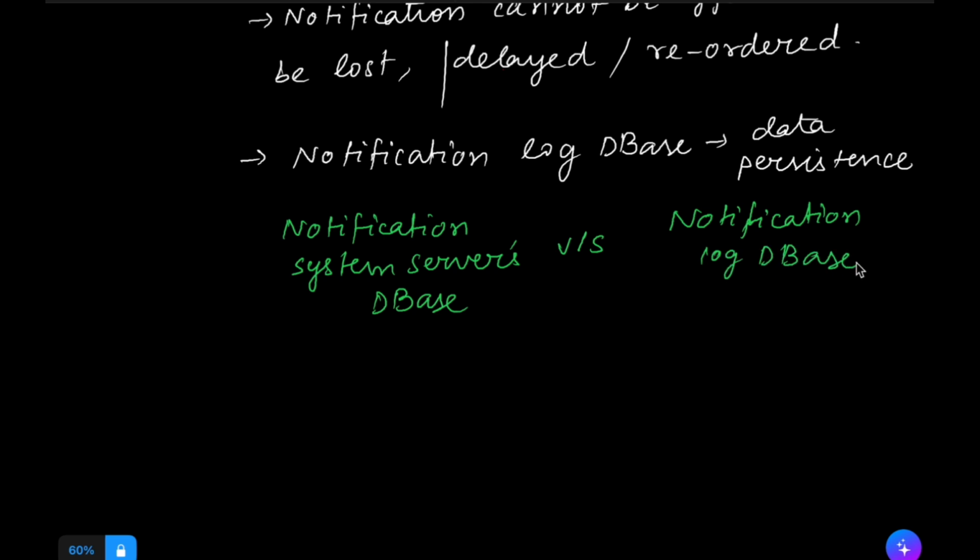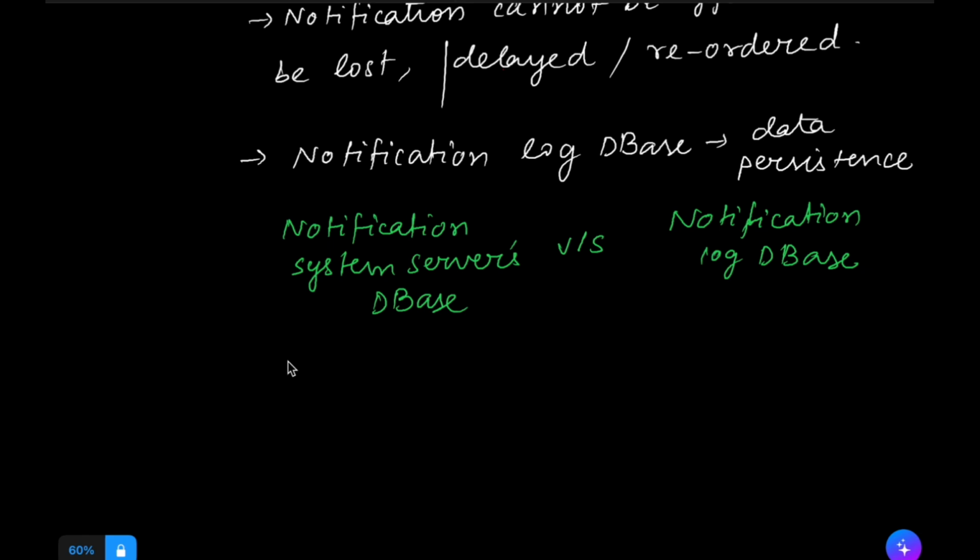The main purpose of the notification system server's database is to manage the pending notifications and track the current state of a notification: whether it is in the pipeline, whether it has been queued or sent to the message queue, whether it is in progress, or whether it needs to be retried for another delivery since it has not been delivered successfully. It also helps in load balancing across notification channels depending on the type of notification which we are sending.